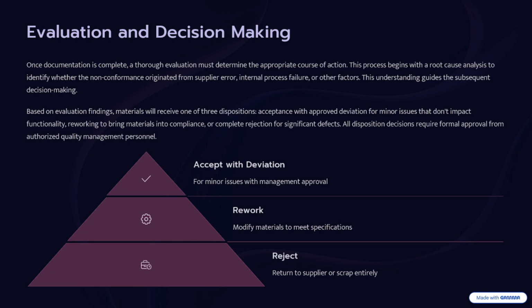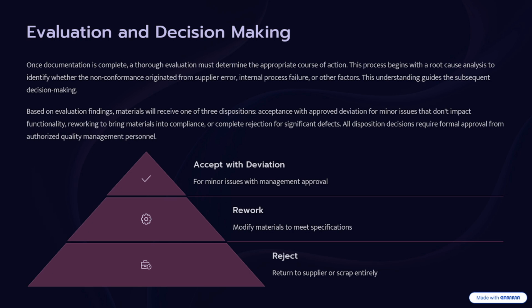Based on evaluation findings, material will receive one of three dispositions: acceptance with an approved deviation for minor issues with no impact on functionality, reworking to bring material into compliance, or complete rejection for significant defects. All disposition decisions require formal approval from authorized quality management personnel. See, once you have prepared your NCR report, you must send it to your management.